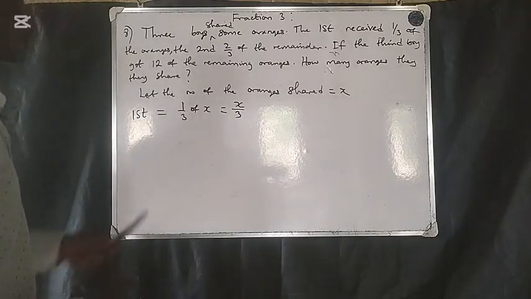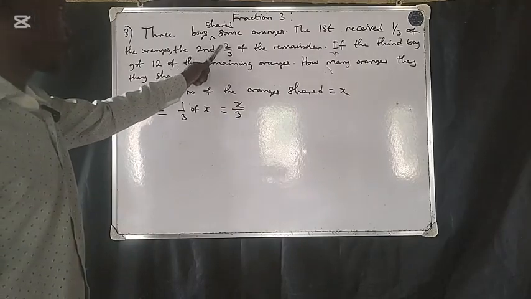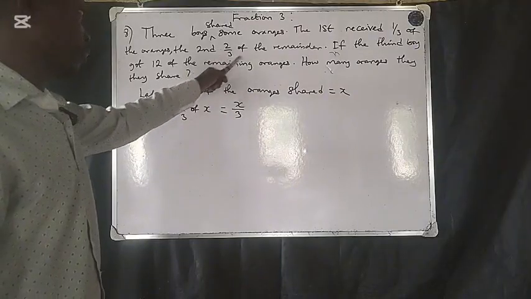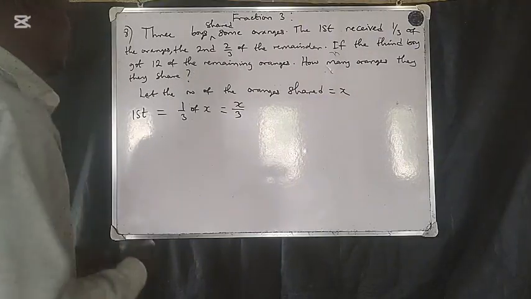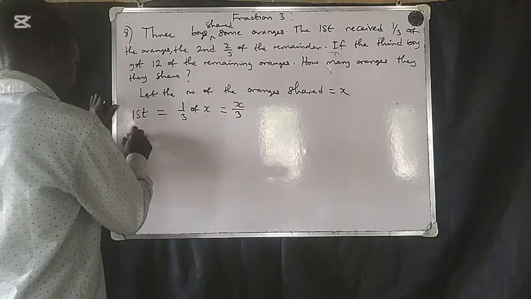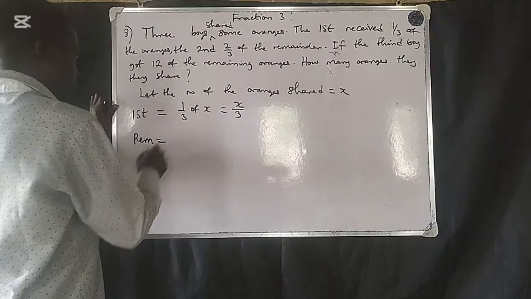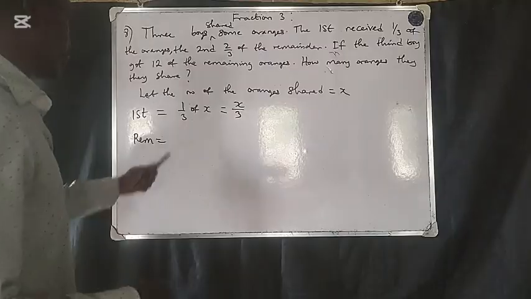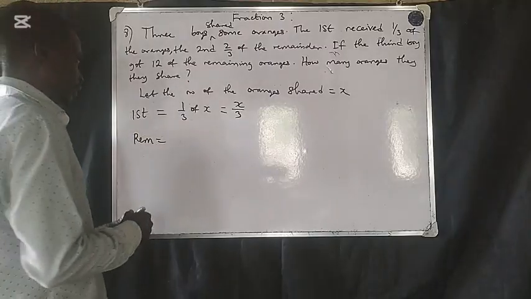The second boy, we are told, got 2 over 3 of the remainder. Before you can know the 2 over 3, we must find the remainder first. If a person got 1 out of 3, then it's going to remain 2 out of 3.